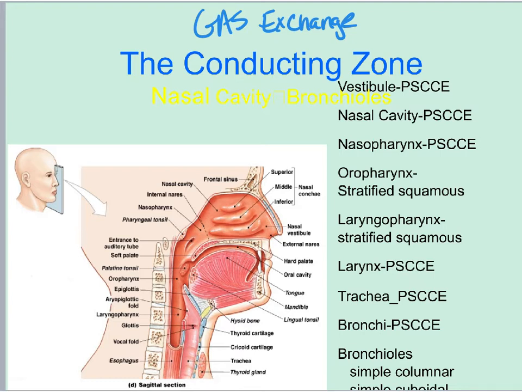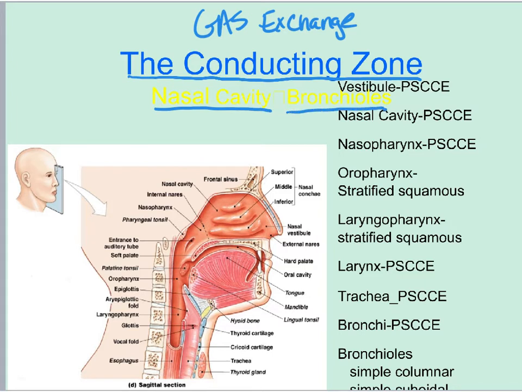So there are a number of structures along the way in the respiratory system that are just meant to get that air where it needs to go. And all of those structures are part of what we call the conducting zone. These tubes are conducting air where it needs to go. So the conducting zone goes from the nasal cavity all the way to the bronchioles.